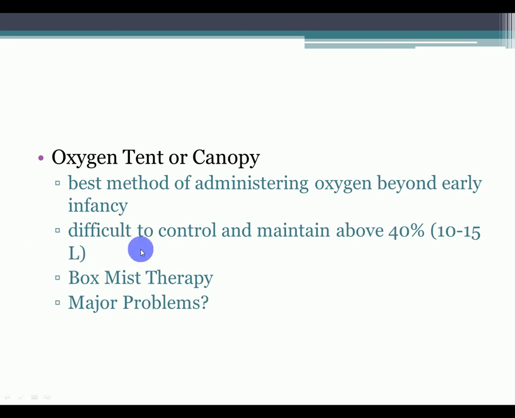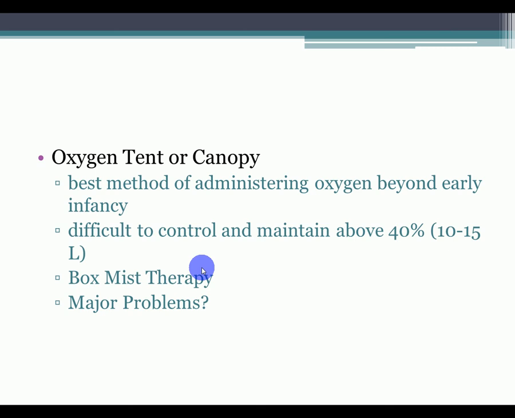Now, it is difficult to control and maintain above 40%. And that would be, again, your oxygen set at 10 to 15 liters. Why is that? Well, there's several reasons why. Nursing itself. Sometimes we have poor planning and we go in 2 or 3 times to make assessments and then do meds and then do something else instead of doing it all at one time.